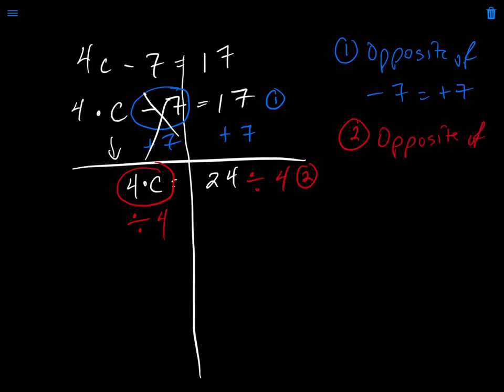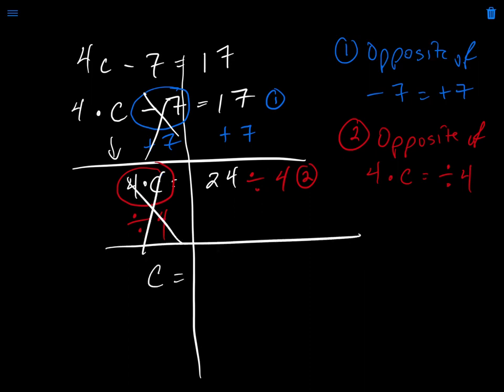So when I do that, the 4 goes away, and c equals 24 divided by 4, which is 6. Now the awesome thing about this is I can actually check my work.